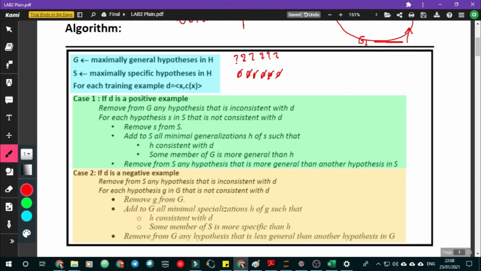One is the positive case, the second one is the negative case. One more difference we just went through: find-S takes only the positive, but candidate elimination takes positive as well as negative. The candidate elimination algorithm works on the if-then eliminate principle. You might be knowing that principle.